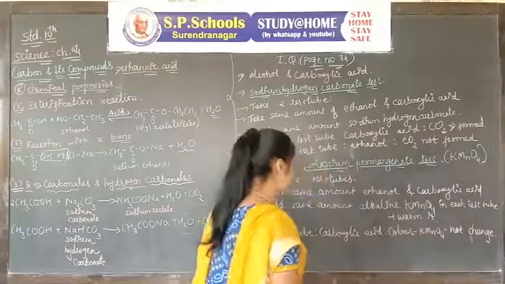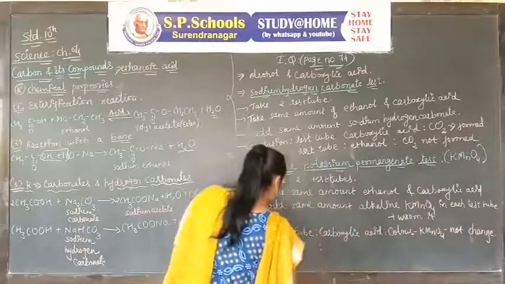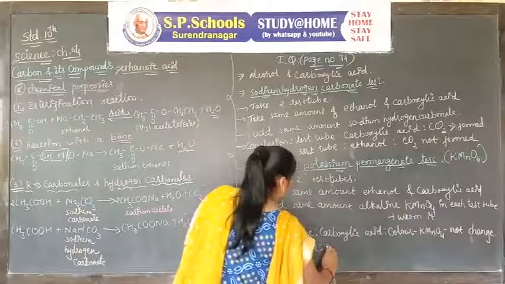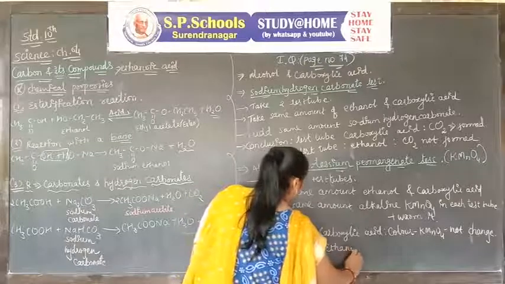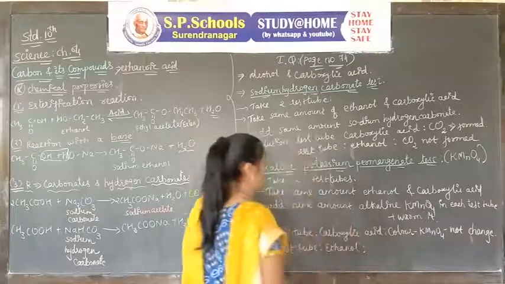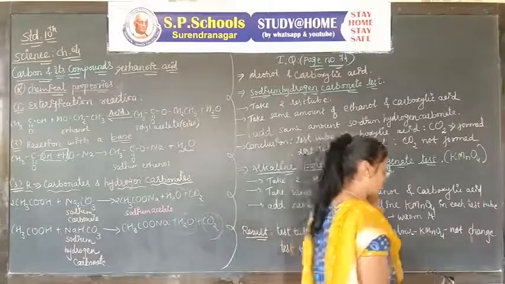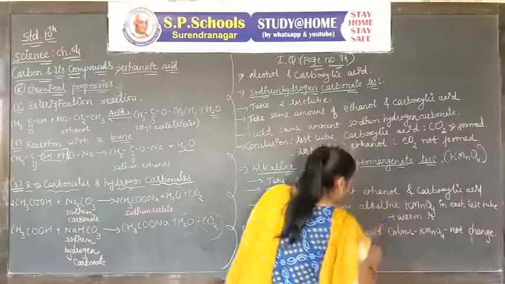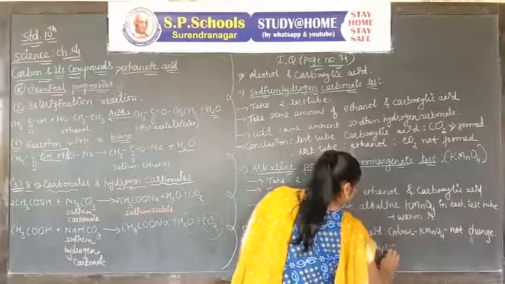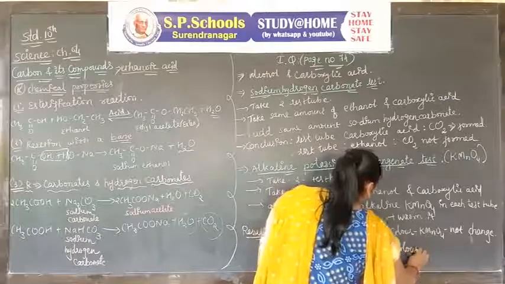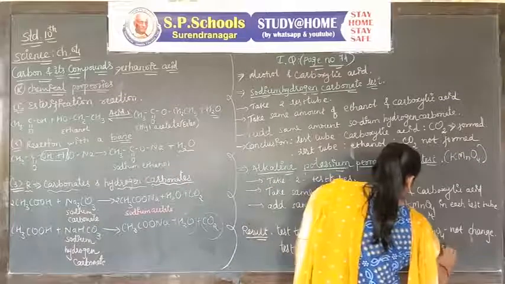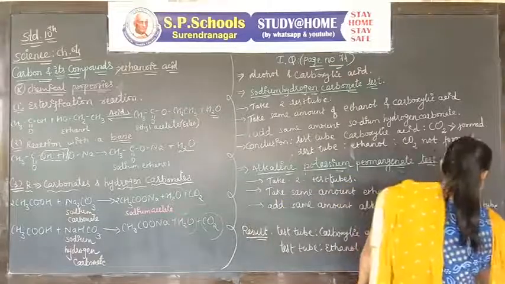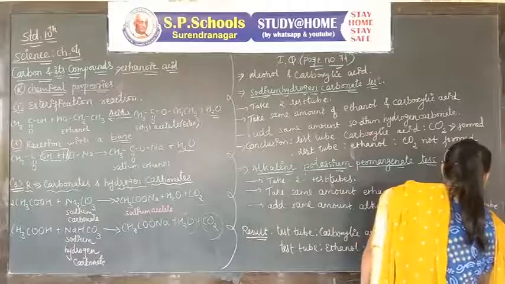But in the case of ethanol, or you call it alcohol, in the case of ethanol, the purple color of alkaline potassium permanganate disappears.